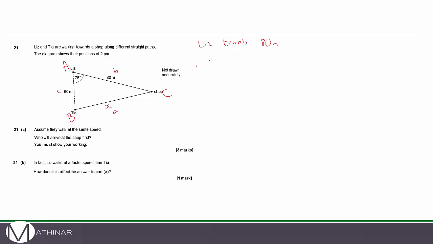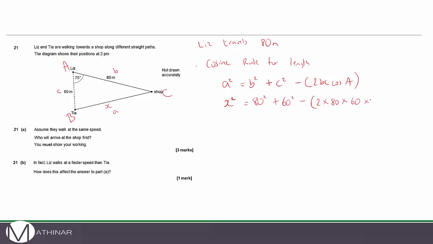So let's write down the cosine rule for length: a squared equals b squared plus c squared minus 2bc cos A. So a is x for me, so x squared is equal to b squared, b is 80, so 80 squared, plus c squared, c is 60, 60 squared, minus, open bracket, 2 times b, which is 80, times c, which is 60, times cos capital A, which is 75.